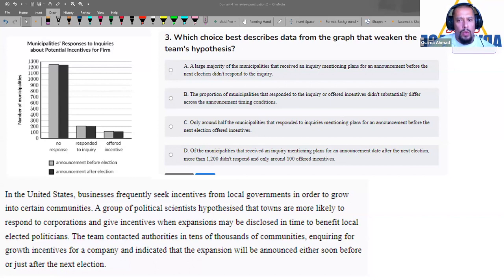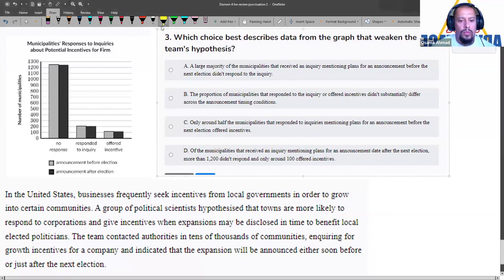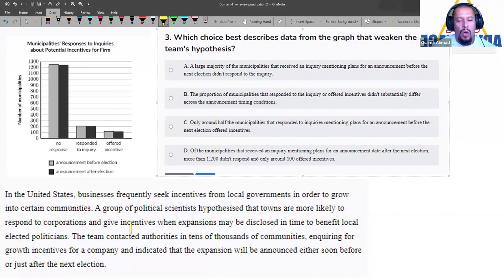So first of all, what is the hypothesis? No, it's right here.